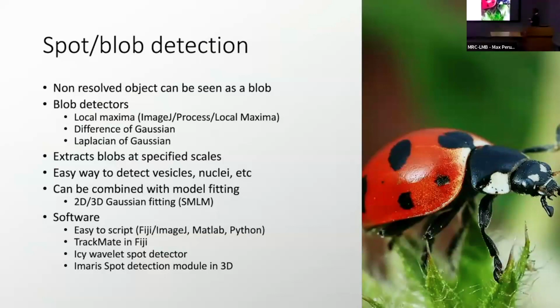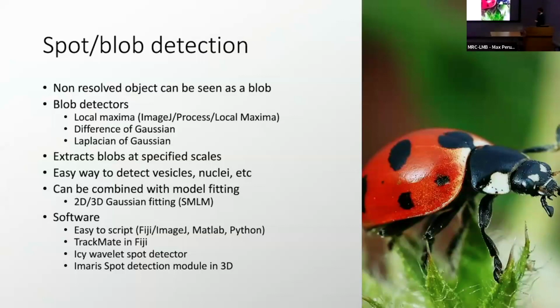It can be done using a simple local maxima, but often local maxima without pre-processing will not work, so you have some pre-processing, some blurring, some filtering before. You have the difference of Gaussians or Laplacian of Gaussian. These filters are characterized by a scale, so if you use a certain scale, you will detect objects at that scale.